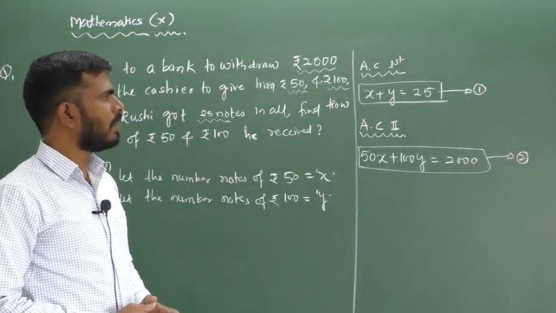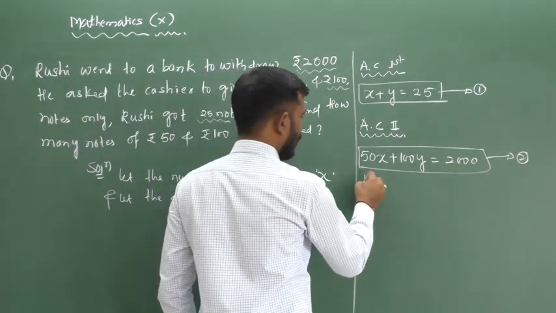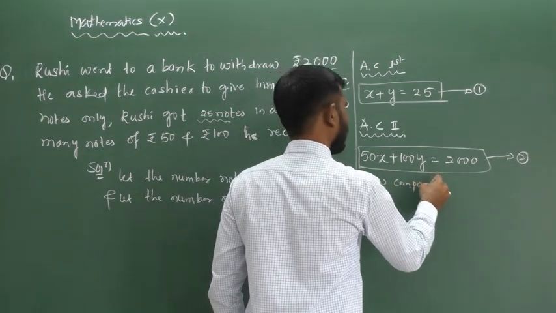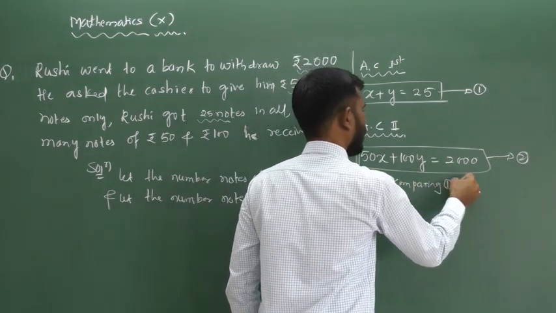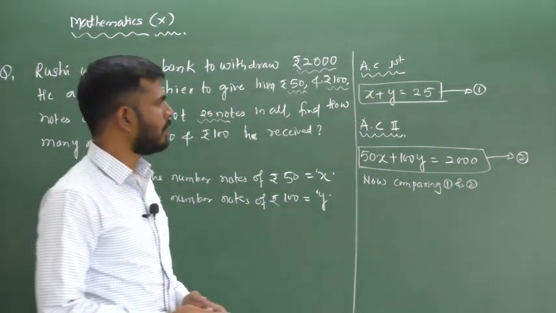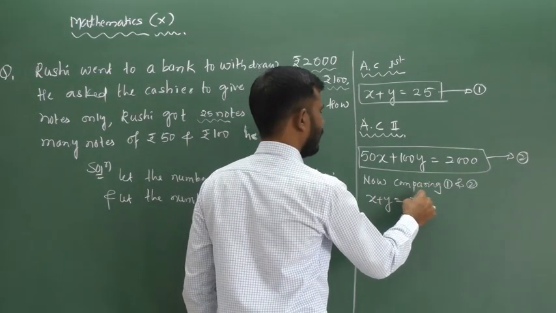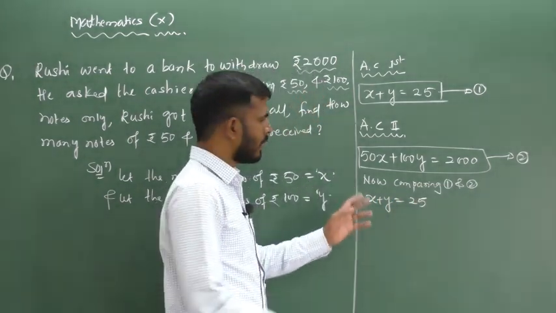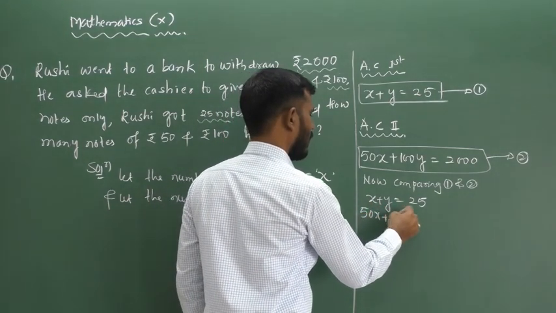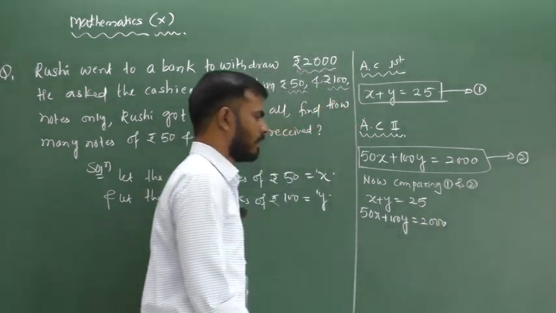Now compare equations 1 and 2. The first is x plus y equal to 25, and the second equation is 50x plus 100y equal to 2000.